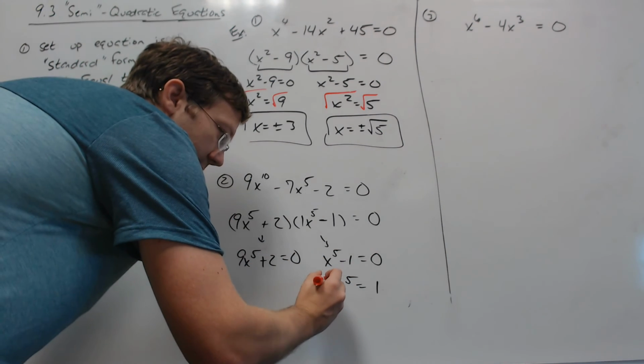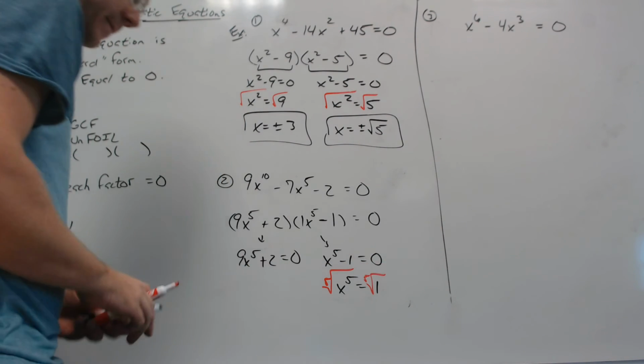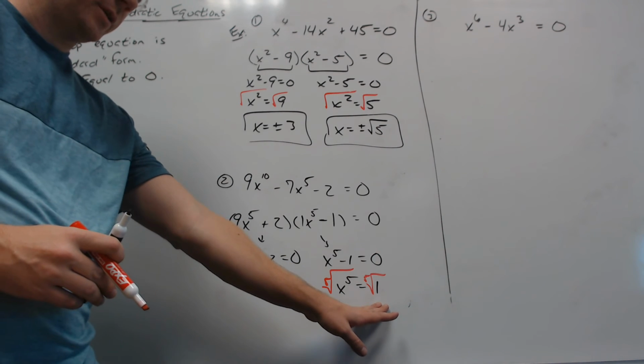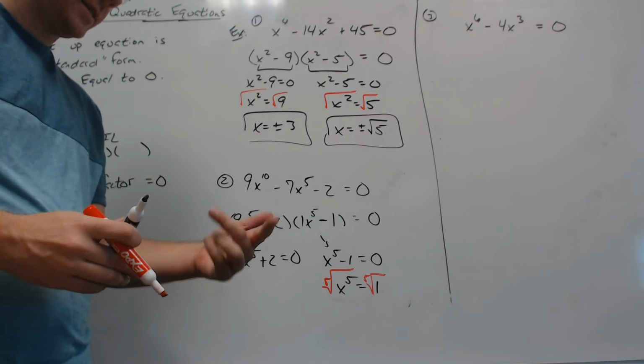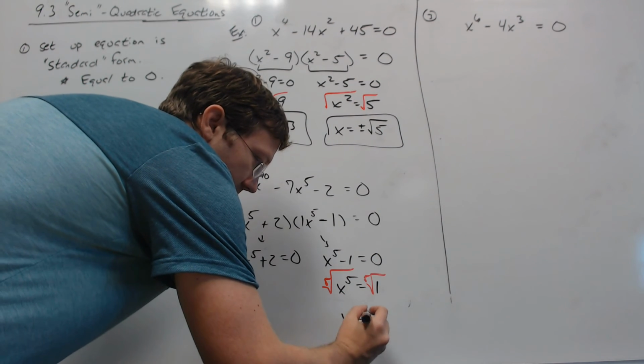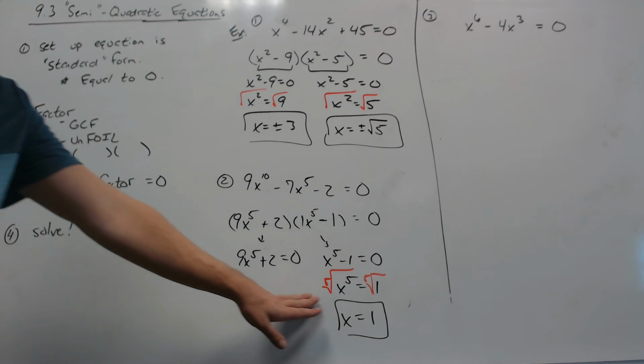And from here, we're going to take the 5th root. And the 5th root of 1, well, there's only one number that'll do that: 1, 1 times itself 5 times. X equals 1. Right, notice I don't need a plus or minus.